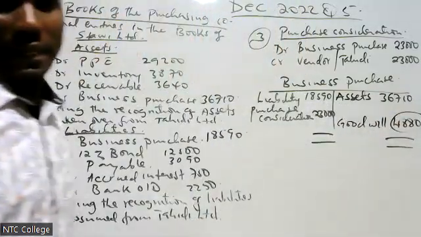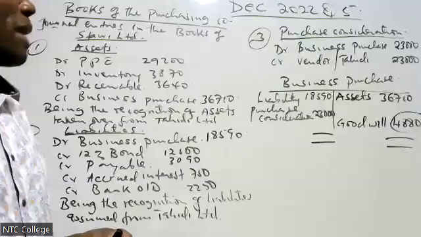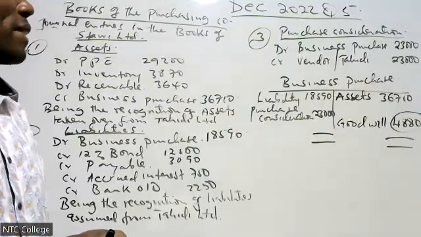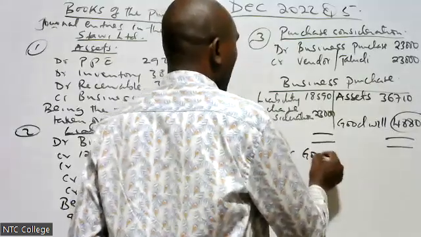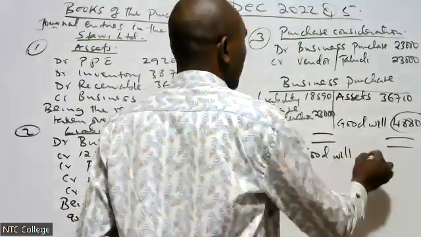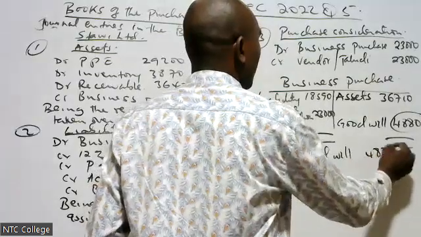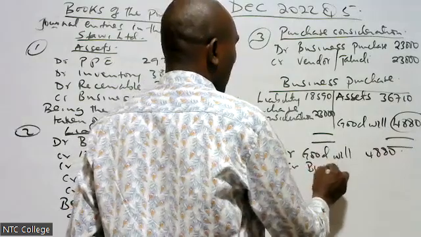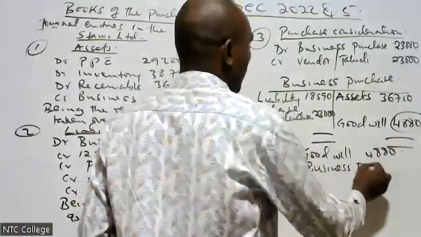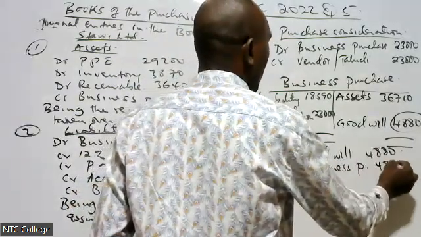That is my goodwill. Then I give the journal entry: debit goodwill account 48, and I credit business purchase account with 48.